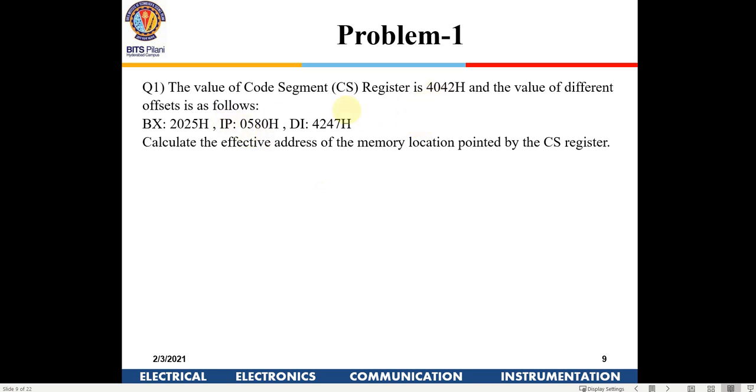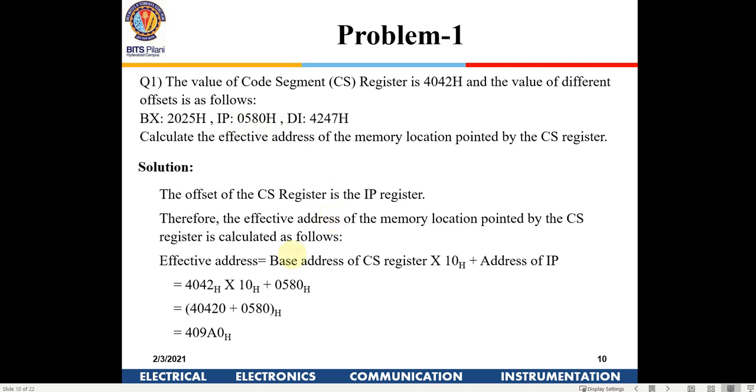No, because we know the CS, the code segment, will work with IP. So you multiply it by 10 and then you add the hexadecimal offset. Now you just have to be careful in your exams that you don't write 8 plus 2 as 10.